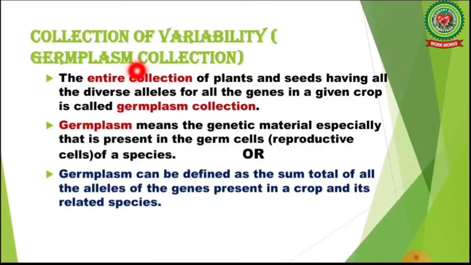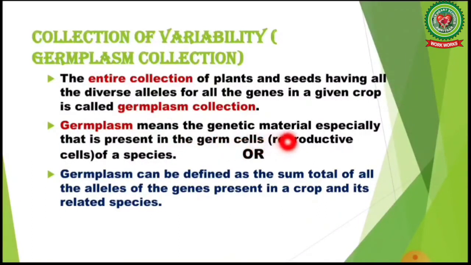The entire collection of plants and seeds having all the diverse alleles for all the genes in a given crop is called germplasm collection. Now, what is the meaning of the word alleles? Alleles are defined as alternative forms of genes that occupy the same position on the homologous chromosomes. Now, talking about germplasm.